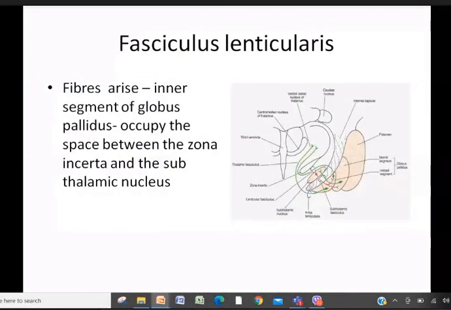What is fasciculus lenticularis? Please remember this.